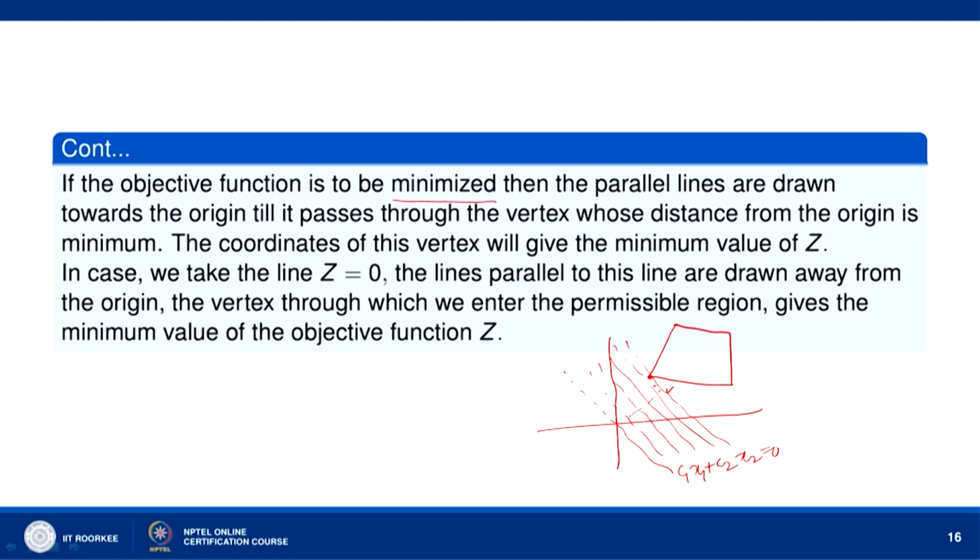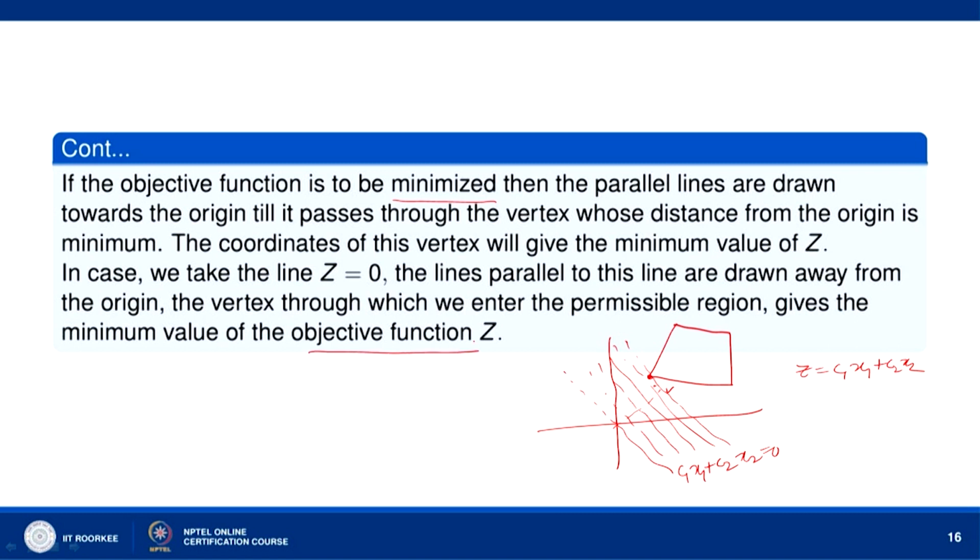So, this vertex will give us the minimum value of z. We put the coordinates of this vertex in the given expression z = C1x1 + C2x2 to get the minimum value of the objective function z.